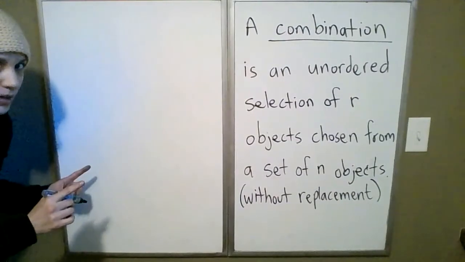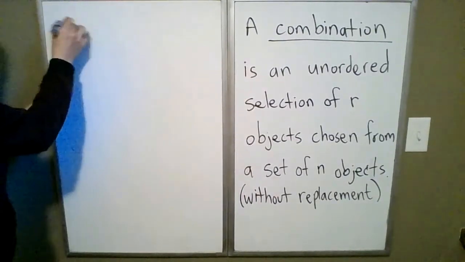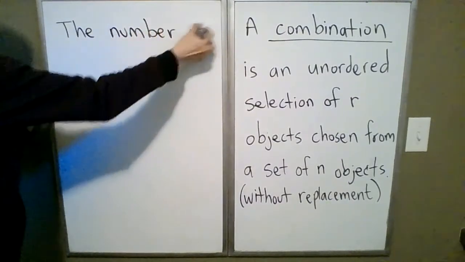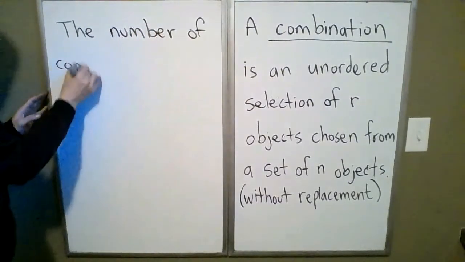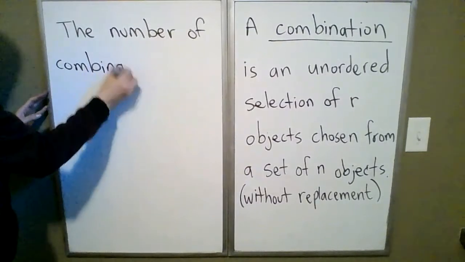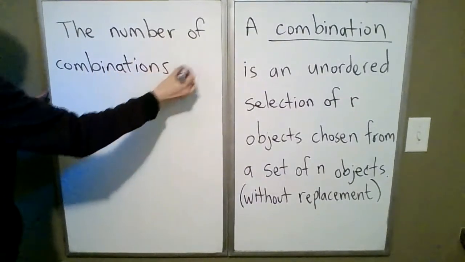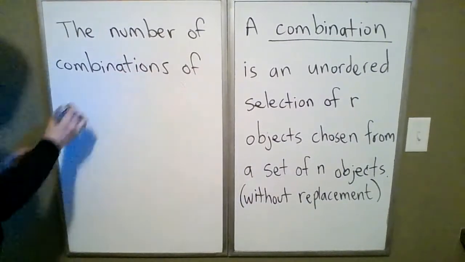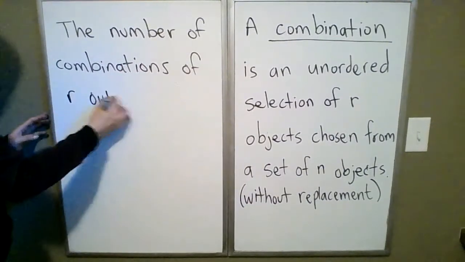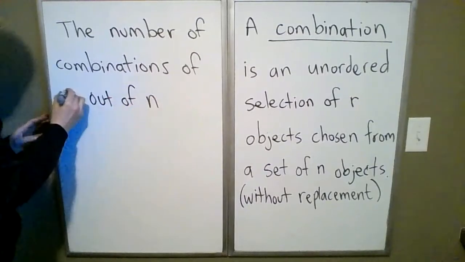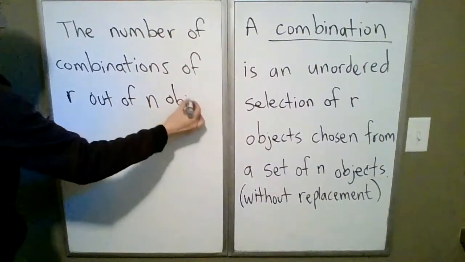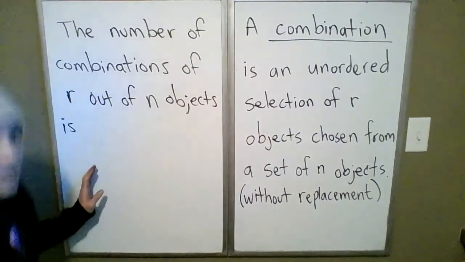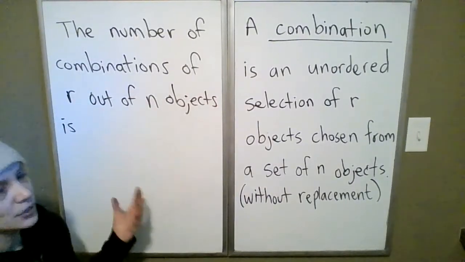The number of combinations of the R out of N objects is, and there are 2 ways to write it.